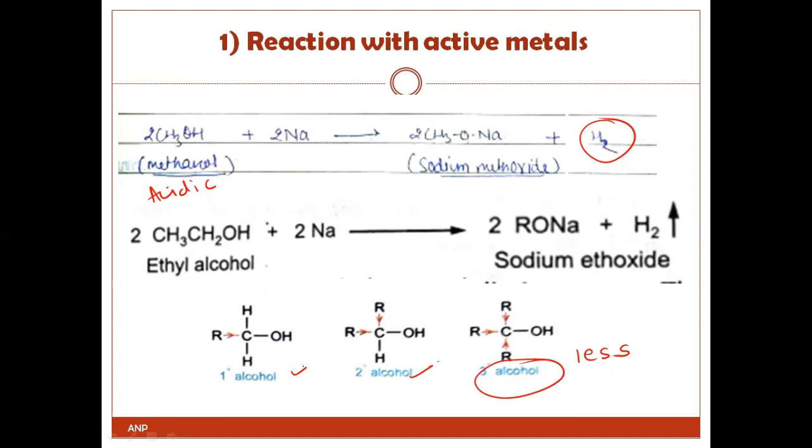This is because of the positive inductive effect of alkyl groups. The positive inductive effect is maximum in the case of tertiary alcohols as they contain three alkyl groups attached to the carbon bearing the OH group, and hence primary alcohols are more acidic than secondary alcohols, which are more acidic than tertiary alcohols.